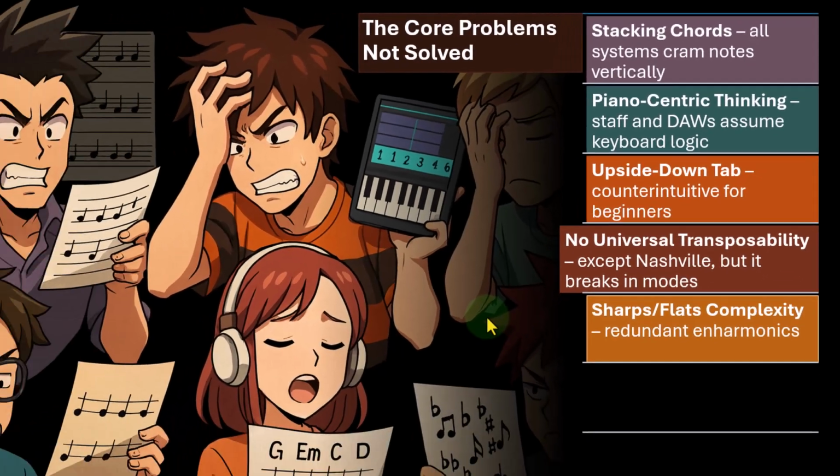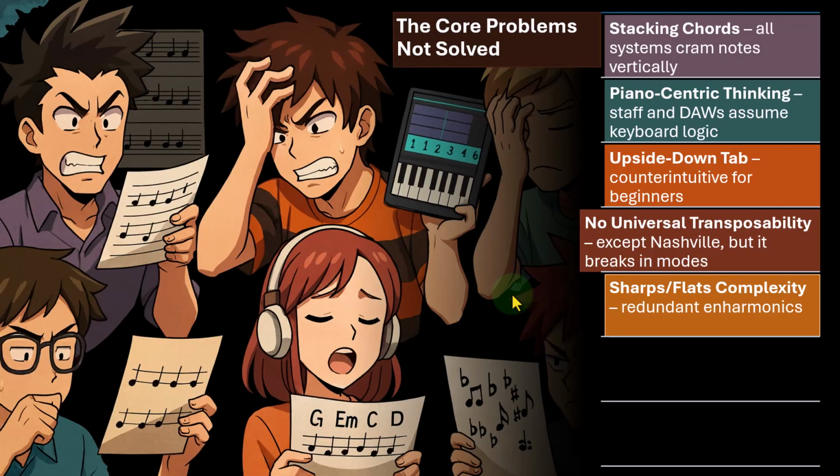Okay, so sharps, flats, complexity, redundant. Now the sharps and flats thing, I'm sorry, it's ridiculous. There's maybe a reason for pianos, but the sheet music that says this key has so many sharps and flats and that key doesn't is possibly useful on a piano because the piano has different shapes for different scales because of the different size of the keys.